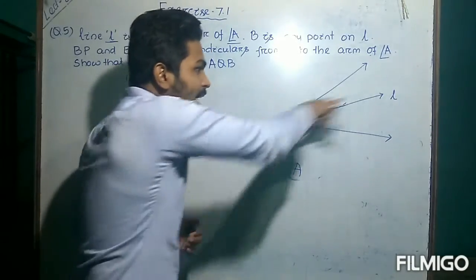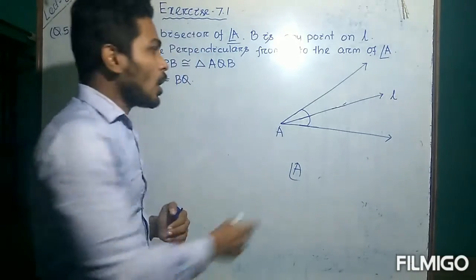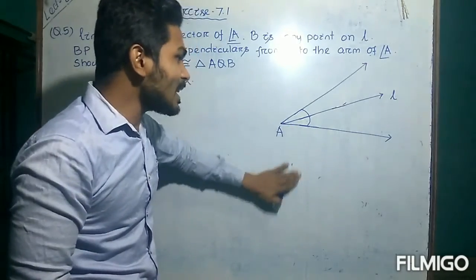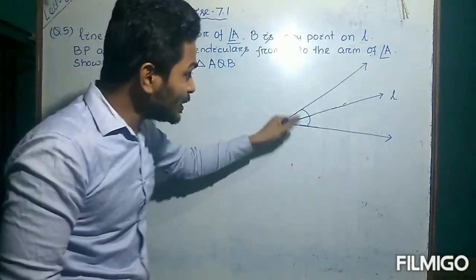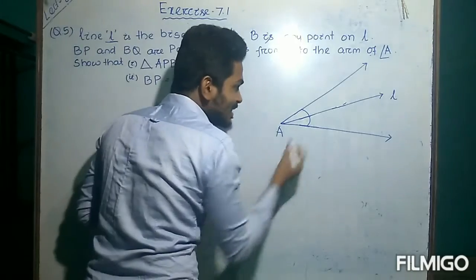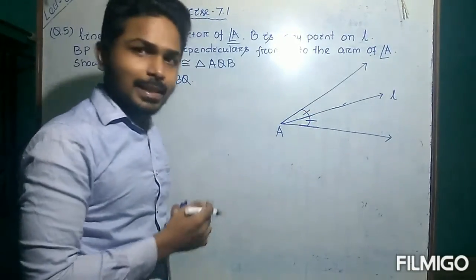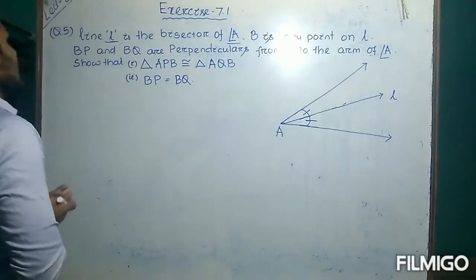It means L is the angle bisector of angle A. What is an angle bisector? An angle bisector is a line which divides the angle into 2 equal halves. It means this part is equal to this part. Is it clear? Okay, next.